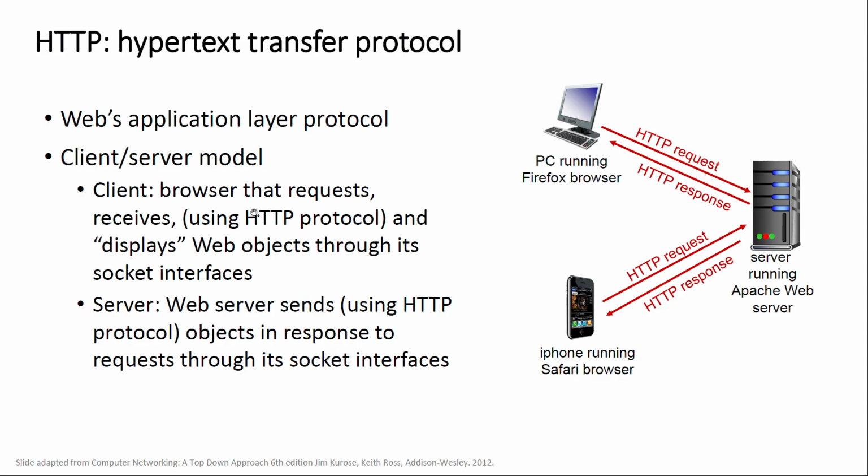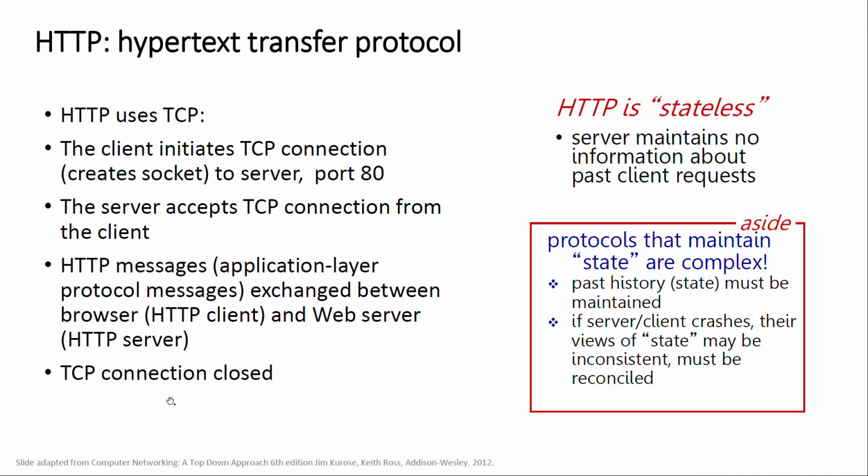The client browser requests, receives and displays web objects through its socket interface. So you send a request, the server sends you a response, and this response is displayed by the browser. And the web server sends objects using the HTTP protocol in response to requests through its socket interface.